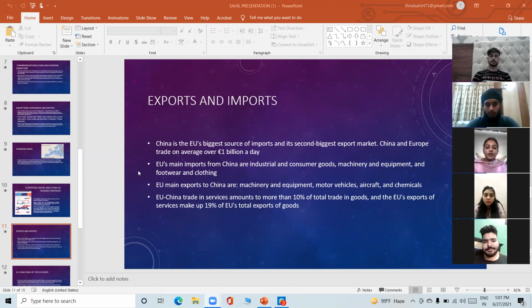The European Union's main exports to China are machinery and equipment, motor vehicles, aircraft, and chemicals. European Union trade in services amounts to more than 10% of total trade in goods, and the European Union's exports of services make up 19% of the European Union's total exports of goods. Next slide.